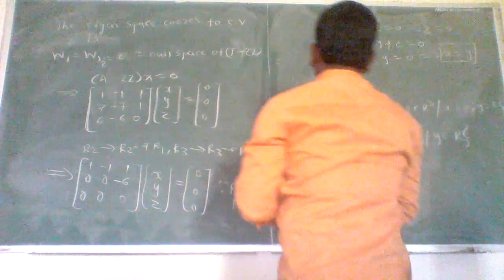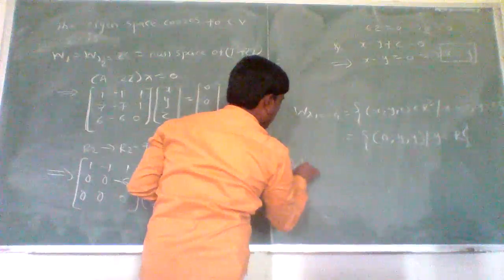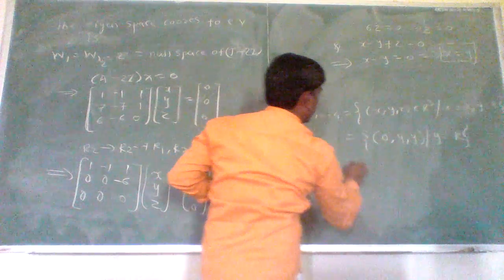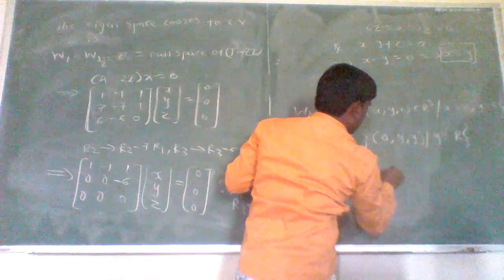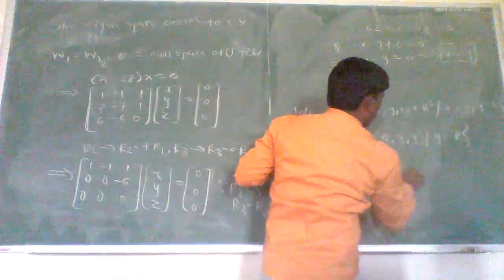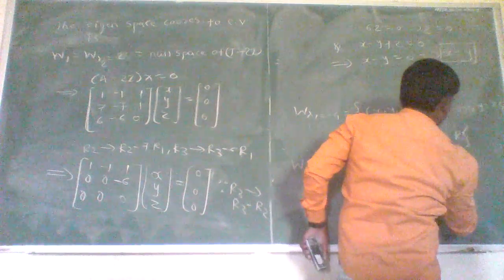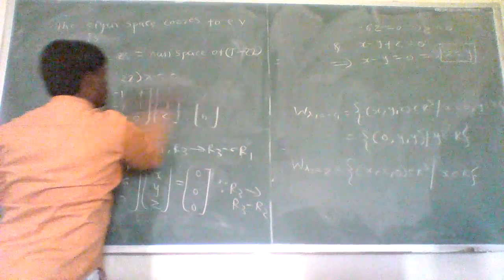As x equal to y, the eigenspace corresponding to eigenvalue 2 contains (x, x, 0) belonging to R3 whenever x belongs to R. Therefore, these are the characteristic spaces associated with the characteristic values minus 4 and 2.